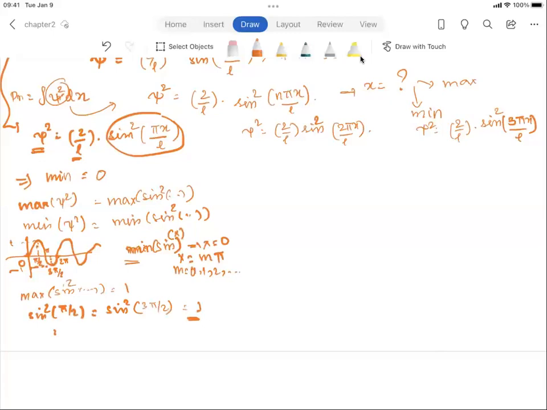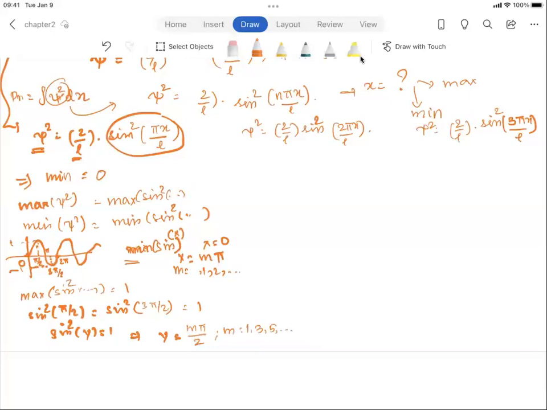And if you have sine squared y equal to 1, that would mean y is equal to n pi over 2, sorry, that was a typo, and n is an odd number: 1, 3, 5, and so on.